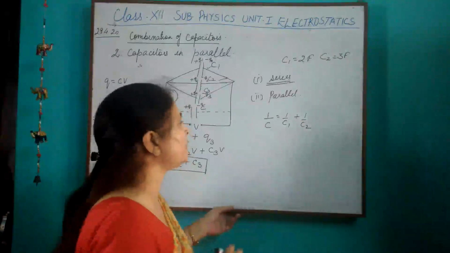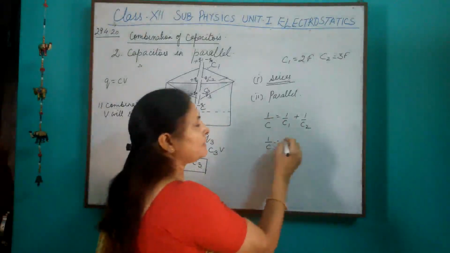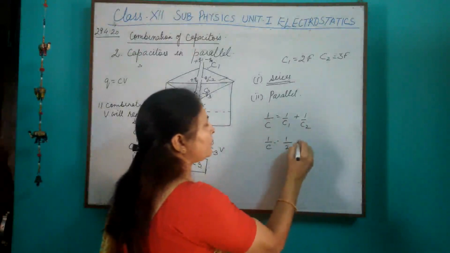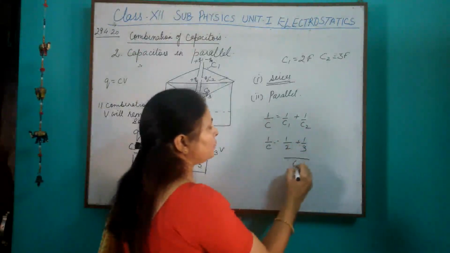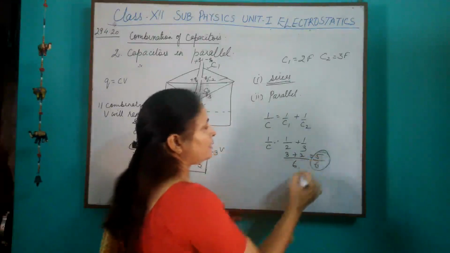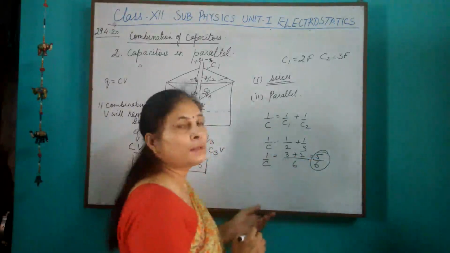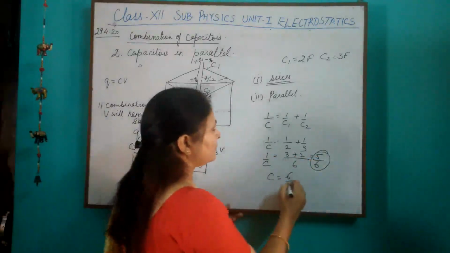The second mistake you are going to make is, once you write 1 upon C here, then you'll find out the value, say 1 upon 2 plus 1 upon 3. That is going to give me 3 plus 2, that is 5 by 6. Usually the answer is written like 5 by 6, but it is the value of 1 by C. C will be 6 by 5.